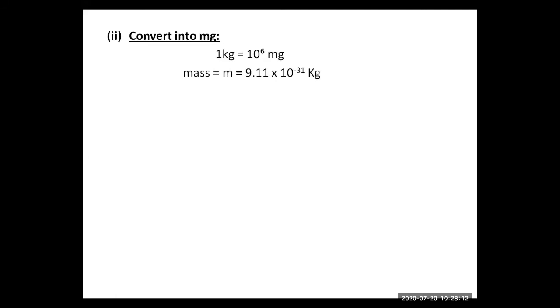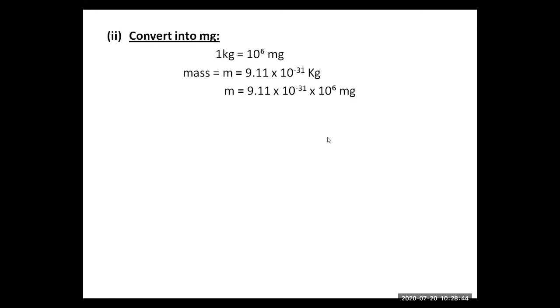So, according to my previous words, when we are converting larger into smaller, then we have to multiply. So, on the next step, we will multiply 10 raised to the power 6 with this given. So here is 9.11 multiplied by 10 raised to the power minus 31 multiplied by 10 raised to the power 6 milligram.